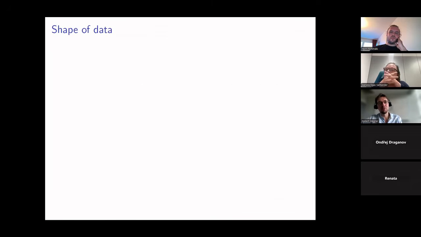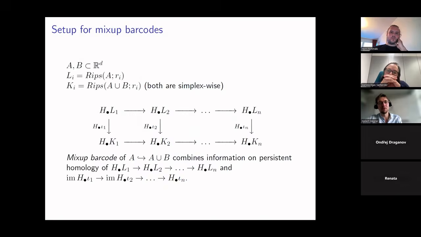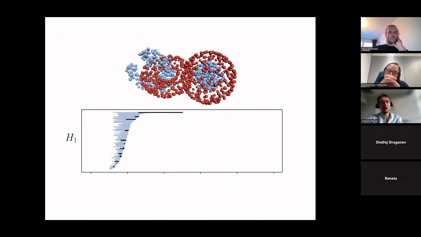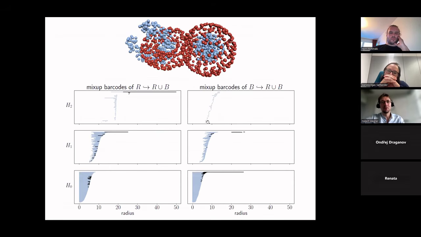So what we really want to see is how much the persistence was affected by including the other data set.